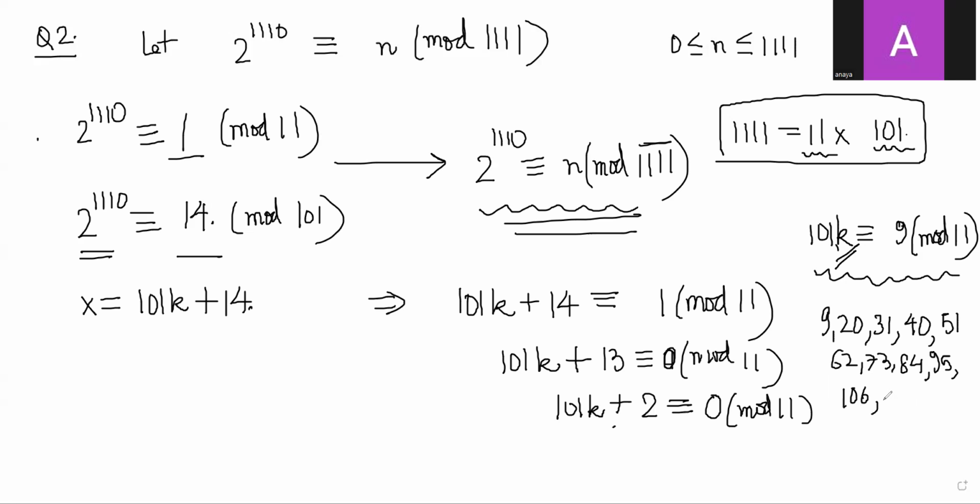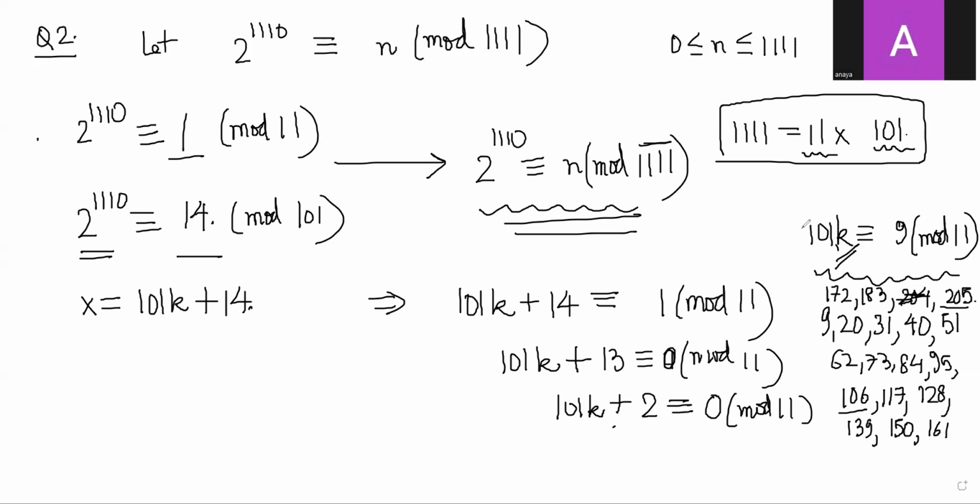So we'll keep doing this a little bit. 117, 128, 139, 150, 161, 172, 194, 205 is coming. So it was 106 and then 205. You're adding 99s. It will be 304. But that is still not resolved by 101, right?